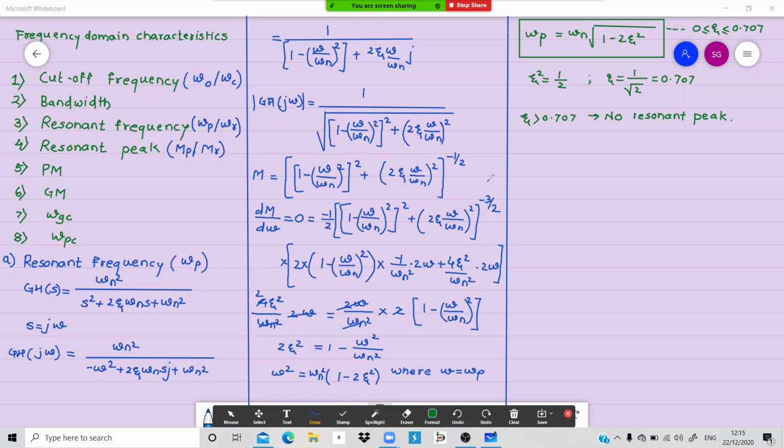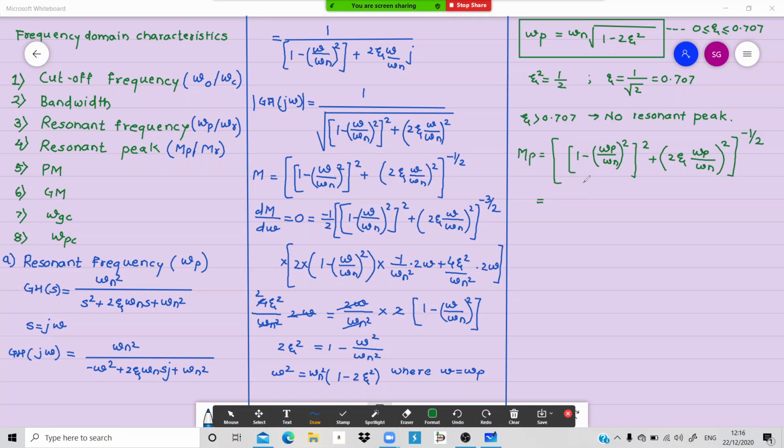So I'll substitute omega as omega p, and I'll have Mp equal to [1 minus (omega upon omega n)] whole square, plus [2 zeta, I'll write omega p, so it will be easy, omega p upon omega n] whole thing raised to 2, and this whole thing is raised to half.